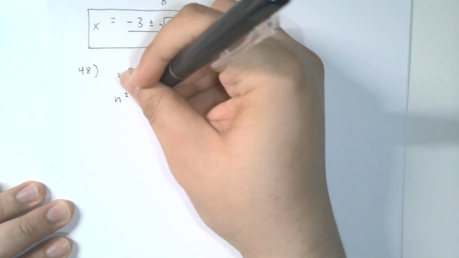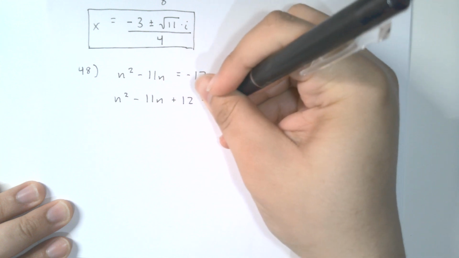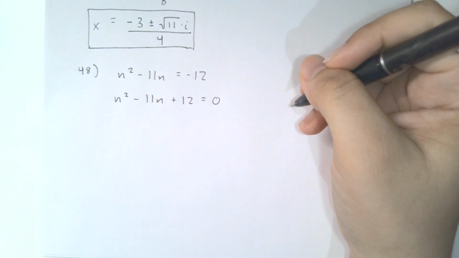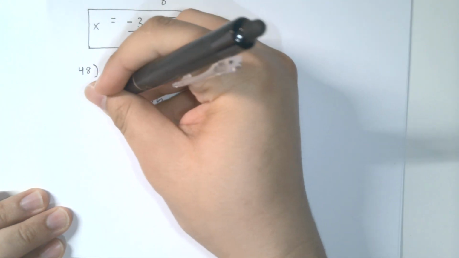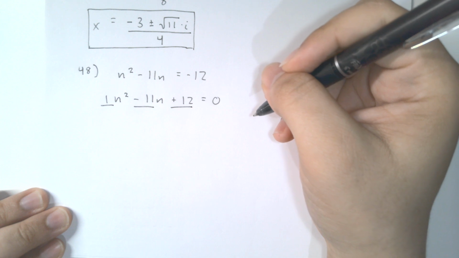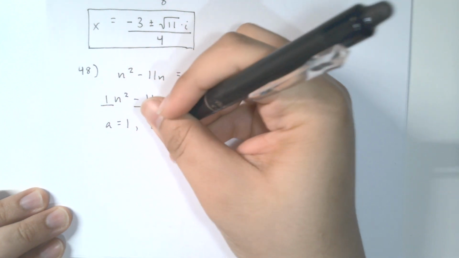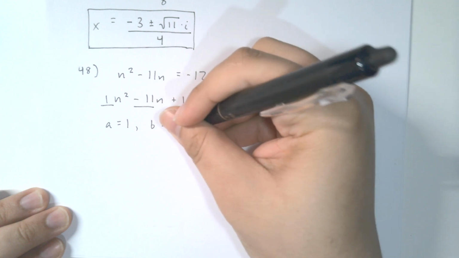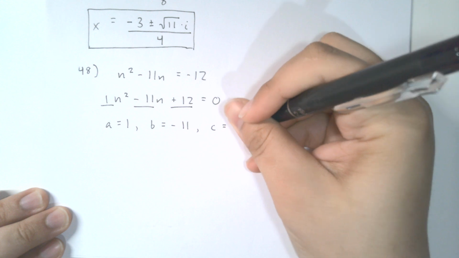And we get n squared minus 11n plus 12 is equal to 0. We implicitly have a 1 here, negative 11, and a 12. Definitely can't reduce that. So we have that a is equal to 1, b is equal to negative 11, and c is equal to 12.